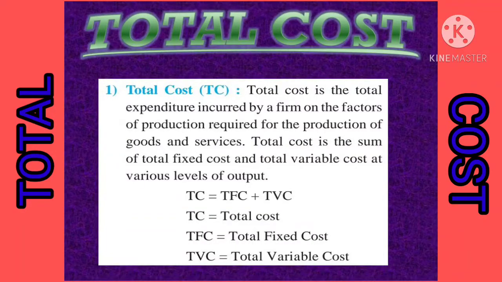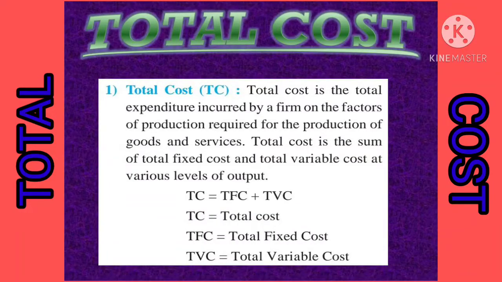Total cost is the total expenditure incurred by a firm on the factors of production required for the production of goods and services. Total cost is the sum of total fixed cost and total variable cost at various levels of output.